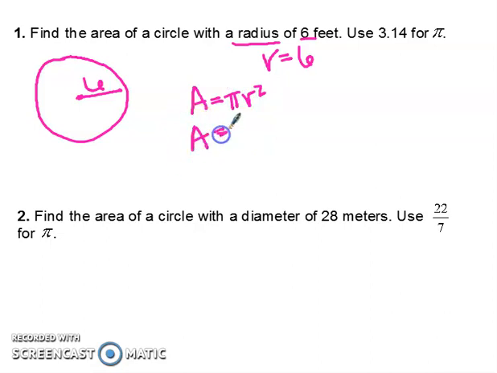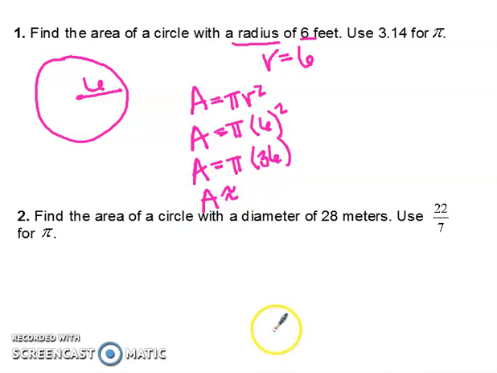Substitute in the value of r, which they gave to us. Evaluate the exponents. And then approximate the value of pi, 3.14 times 36, 113.04 square feet.